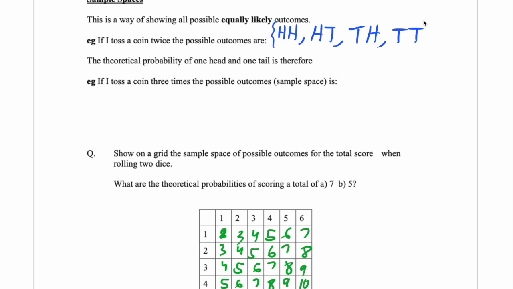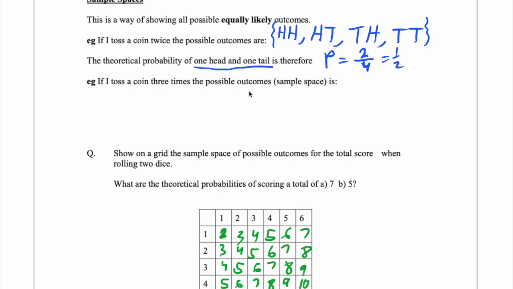Maybe we can use set brackets. This is the set of all the 4 possibilities. So if you want to work out the theoretical probability of one head, one tail, there are 2 of those possibilities, so it's 2 out of 4, which is half.